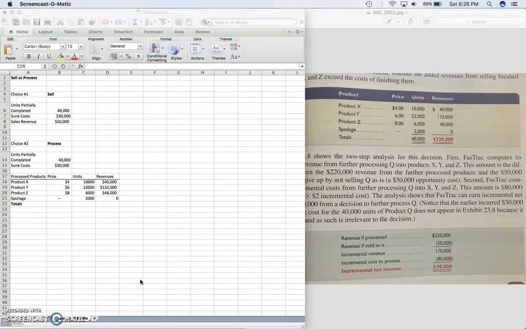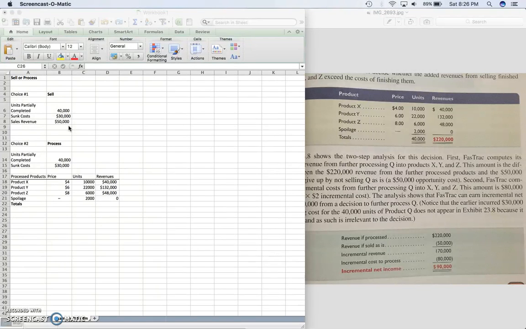Choice two would be to process them further and produce products X, Y, and Z. They would produce three entirely new products from these processed parts at an incremental cost of $2 a unit. So it would cost $2 per unit to process them more. As you can see, for choice one, we have our partially completed units, which is 40,000, sunk cost is $30,000, and our sales revenue from selling them to X Corp would be $50,000.